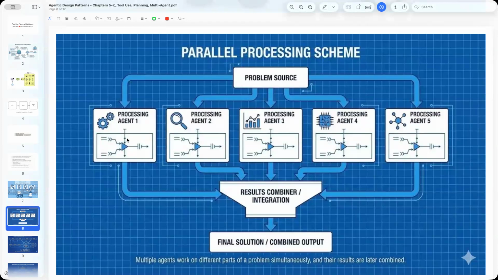We have a parallel processing scheme where we have a problem source and we distribute the same problem, the same idea across multiple agents, and then we somehow combine the results. For instance, I think it's a classical ensemble technique, right? So we have multiple, hopefully uncorrelated classifiers, agents, well, any kind of generators.